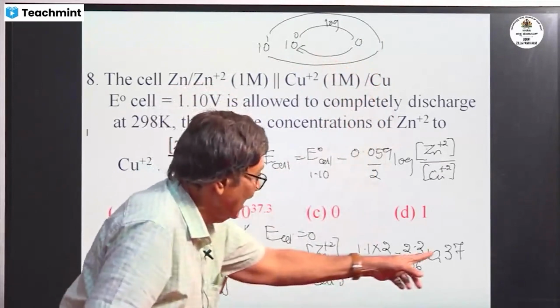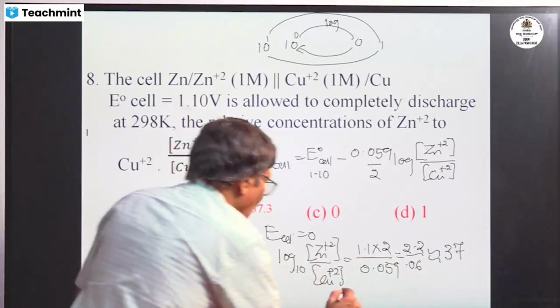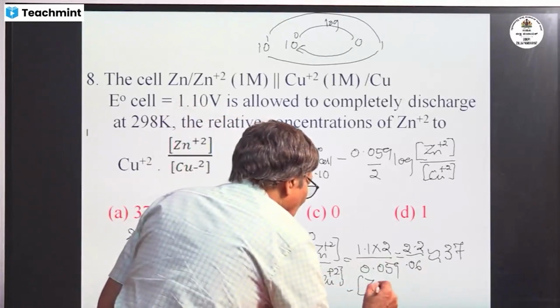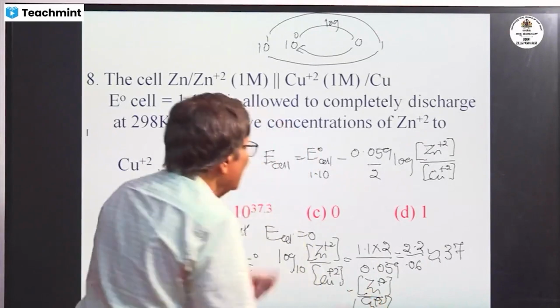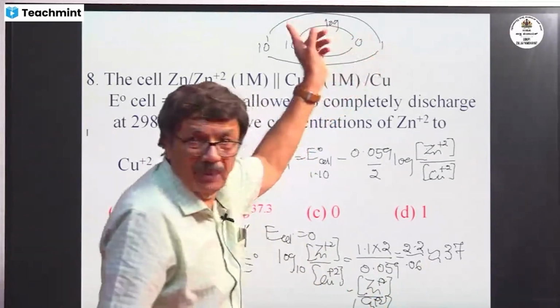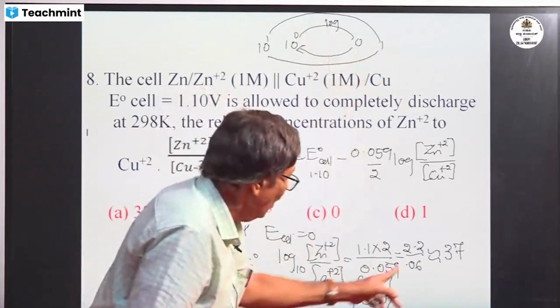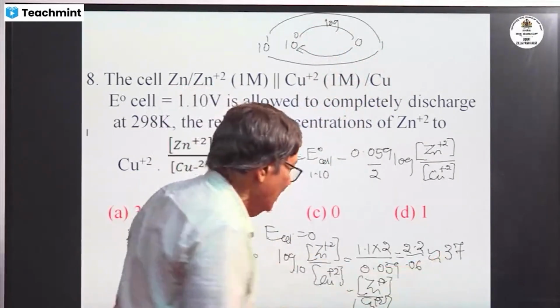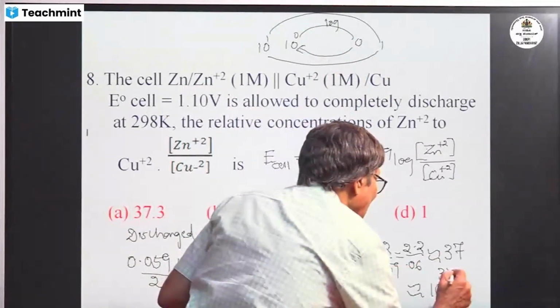Now I want the antilog of 37 because I don't want the log here. Therefore, for zinc ion to copper ion, the antilog of 37 is almost 10 to the power 37.